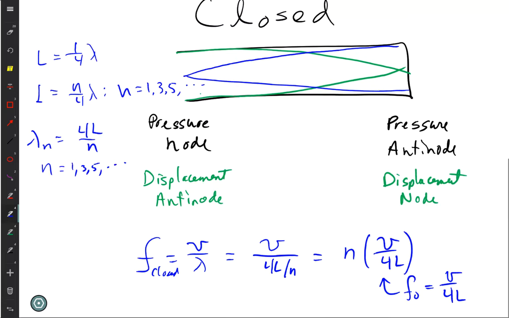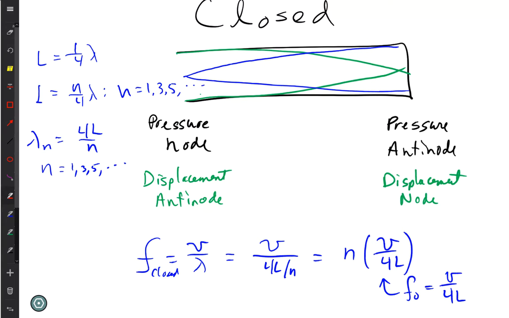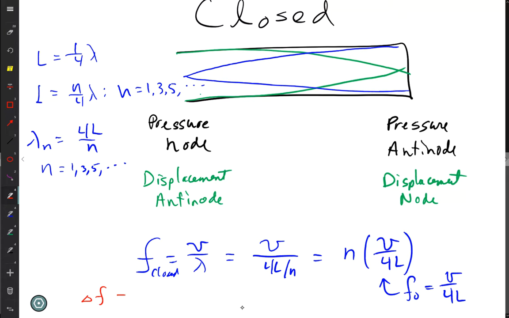If we go down to the closed tube, because it only plays odd numbers, you have to go up by 2 for adjacent frequencies. And so it would be n plus 2 times v over 4L minus n times v over 4L, which is equal to 2v over 4L, or more simply, v over 2L.